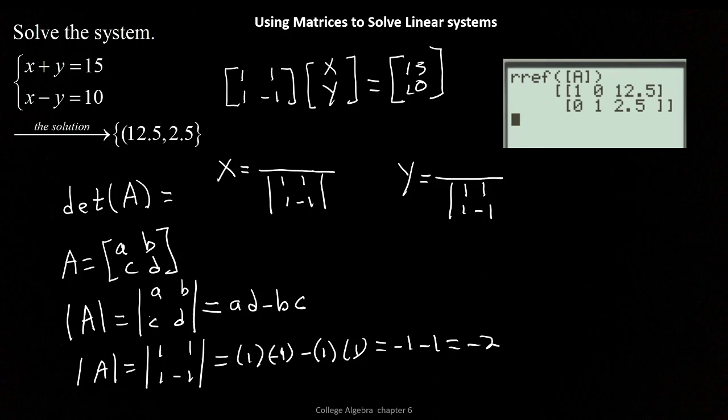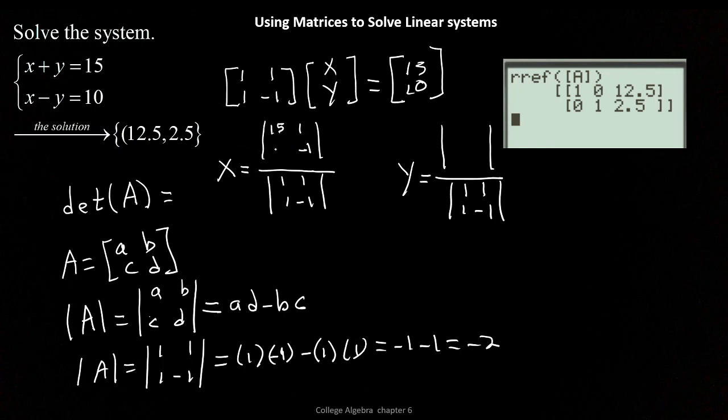The determinant of the coefficient matrix goes in the denominator, and the numerator is the determinant of the coefficient matrix, except to find x, think of x as the first column. The first column of the coefficient matrix, you leave it empty, you put the second column, right? It's just like that without the first column. Instead of the first column, we put the numbers on the right.